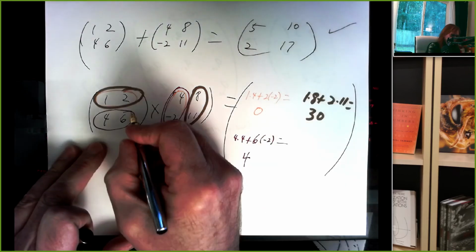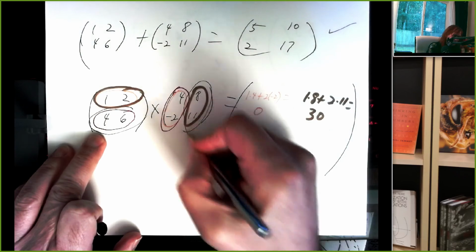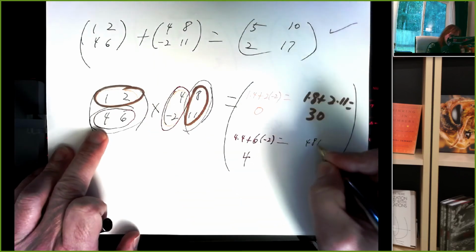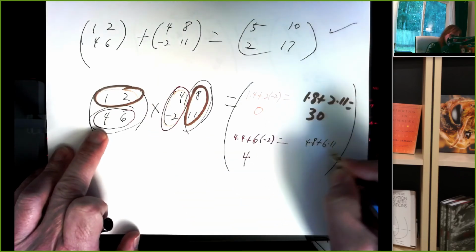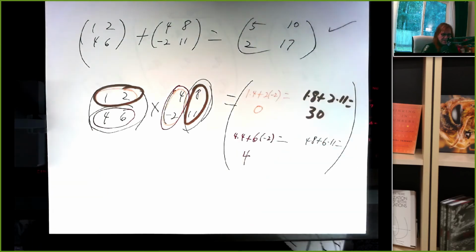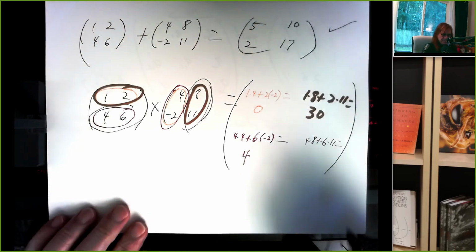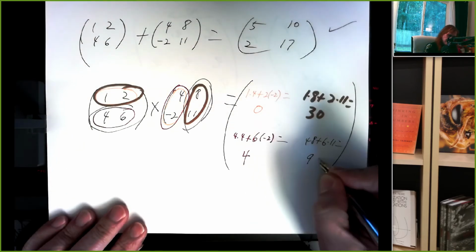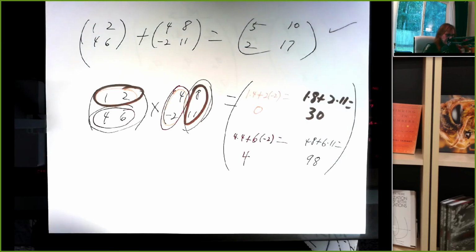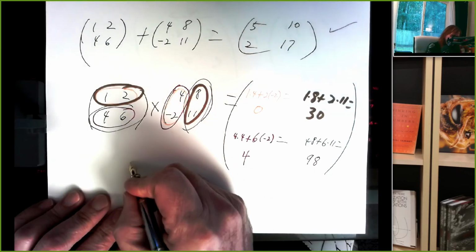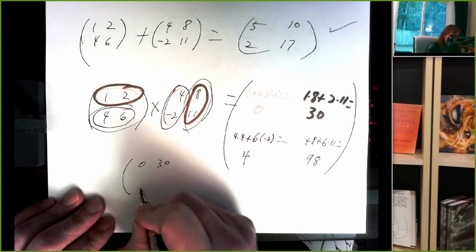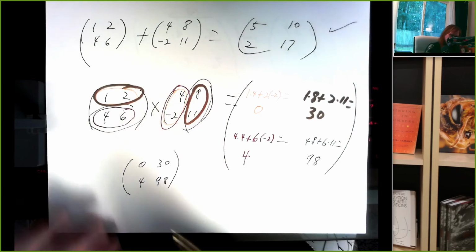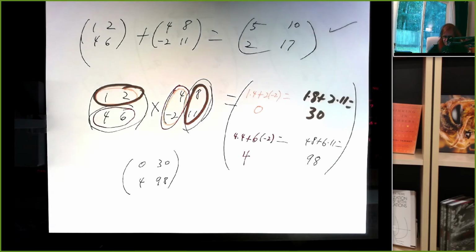And then the bottom right, we're going to take the second row, second column. This is going to be 4 times 8 plus 6 times 11, which is 66, and 32, which is, I think, 98. And so this matrix times that matrix is the matrix 0, 30, 4, 98. And it might be a goofy thing to do, but that's how we do matrix multiplication.